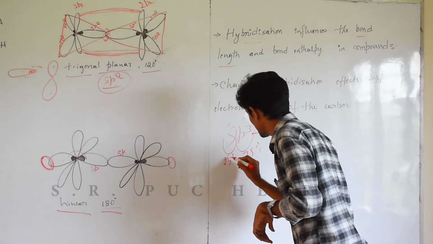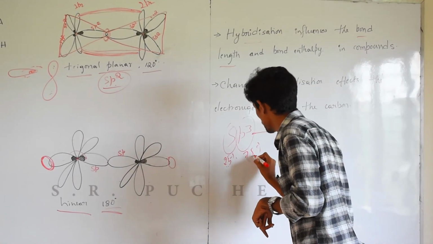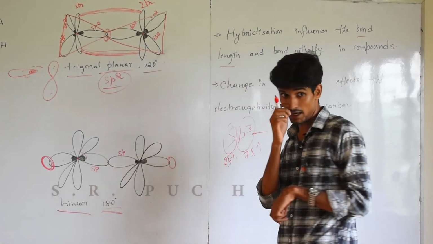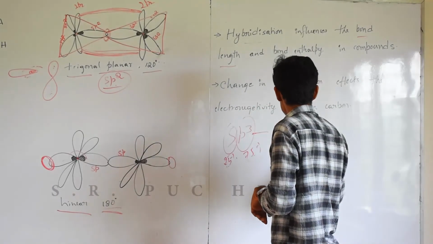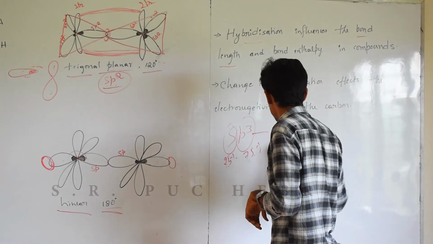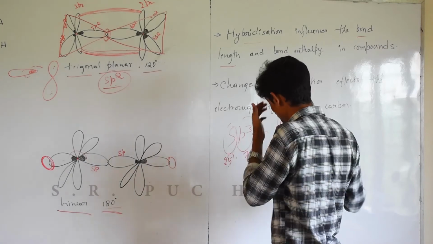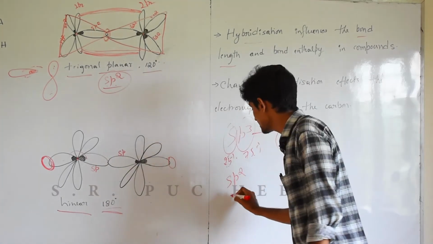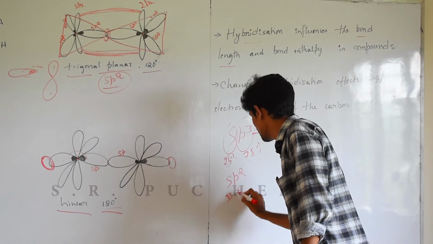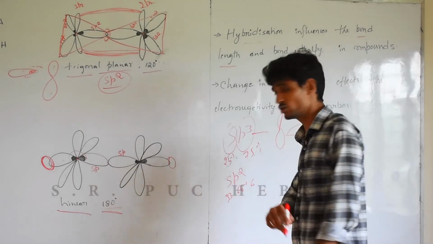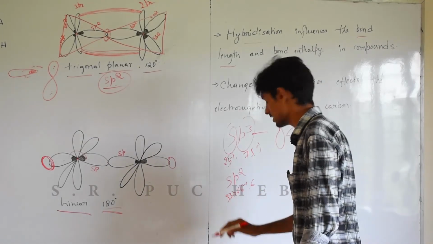When there is less s character and more p character, the hybrid orbital is slightly longer, because p is dumbbell shaped. In the case of sp2, the s character is 33% and the p character is 66%, or 33.3 and 66.6 if you want to write it.